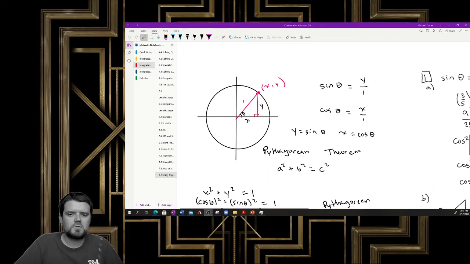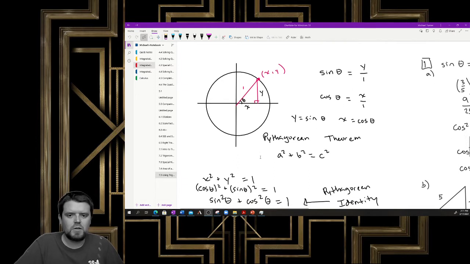We just got done defining x and y in terms of our trig ratios, so I'm going to substitute x for cosine and y for sine, and I'm left with cosine theta squared plus sine theta squared equals 1. I'm going to tweak how I write it a little bit and write sine squared theta plus cosine squared theta equals 1.